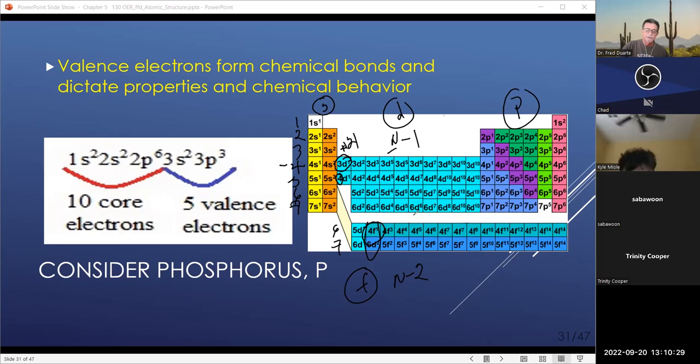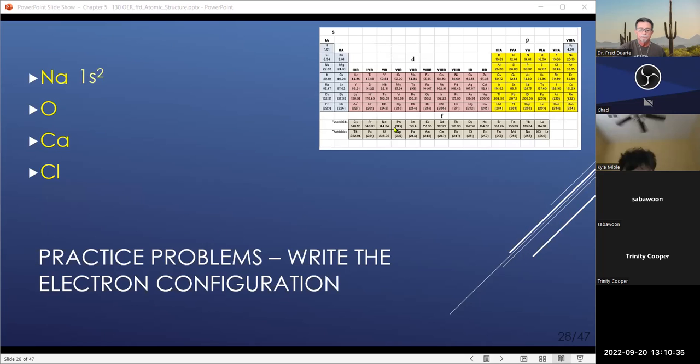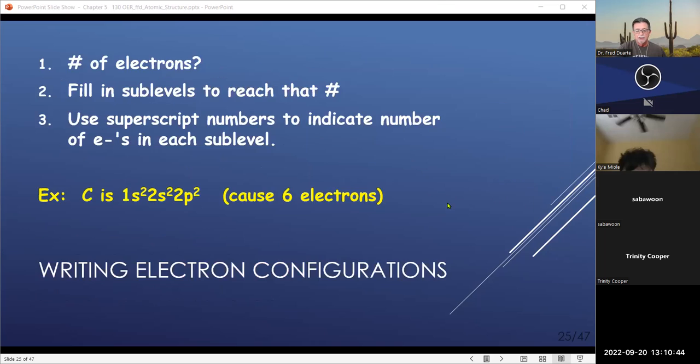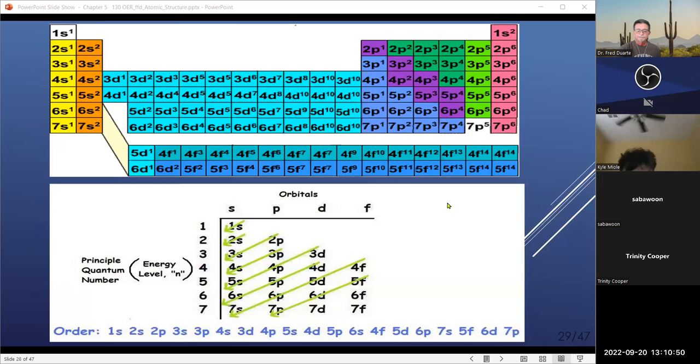Or you can use the sequence right here, 1s2, 2s2, 2p3, etc. Either one will work, like I stated, but I prefer the periodic table itself.